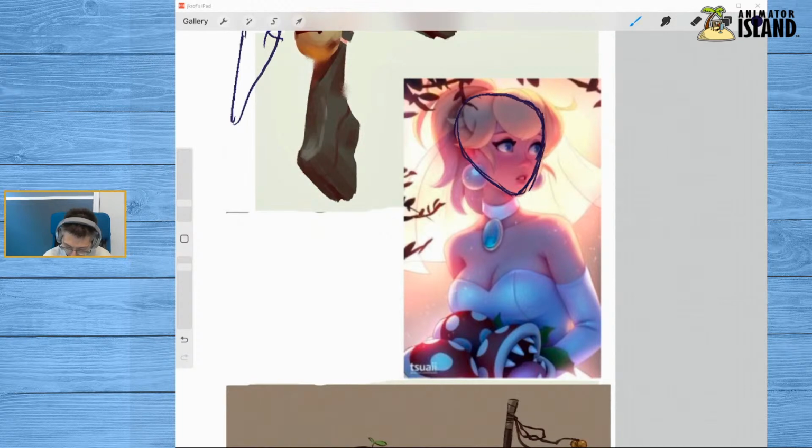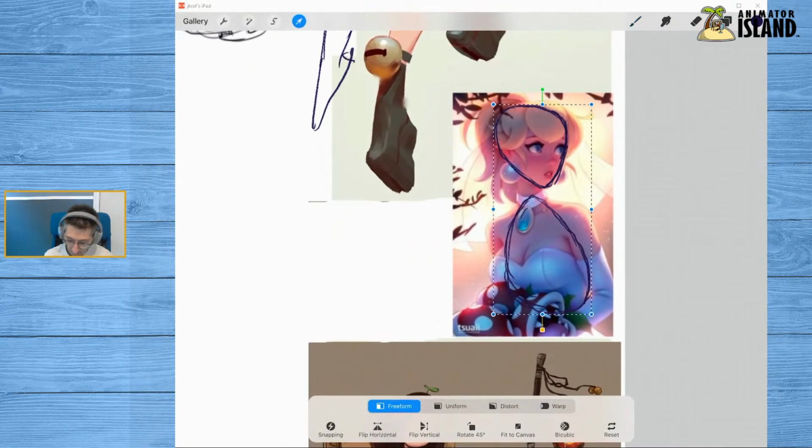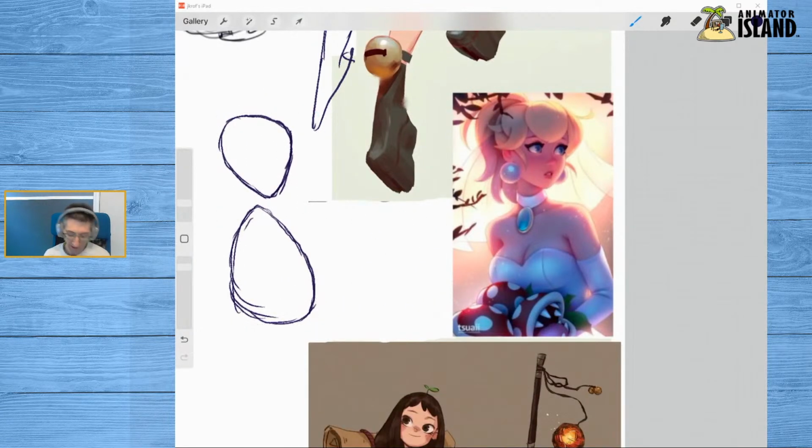So we got basically head here, and this goes down to here really. But unfortunately, we don't have the rest of the character. So this one's going to be slightly limited. But here we have head size versus torso size, at least.